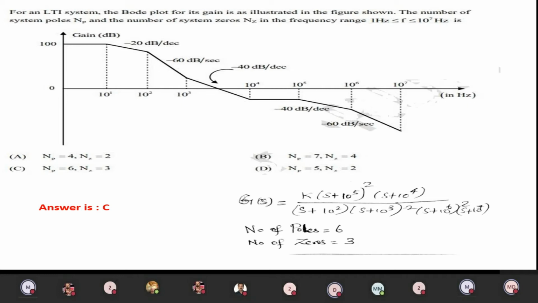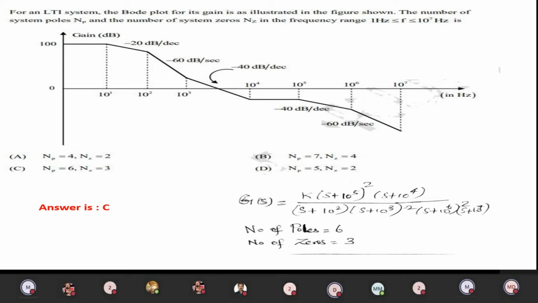You can see how many poles and zeros are available similarly. At various omega, poles and zeros are inserted. So we have to count, that's all.